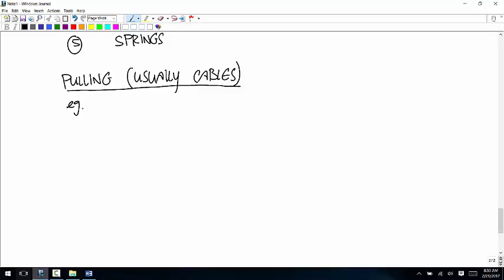So for example, the kind of problem that we'll see is if you have one cart rolling along the ground, connected by a cable to another cart.